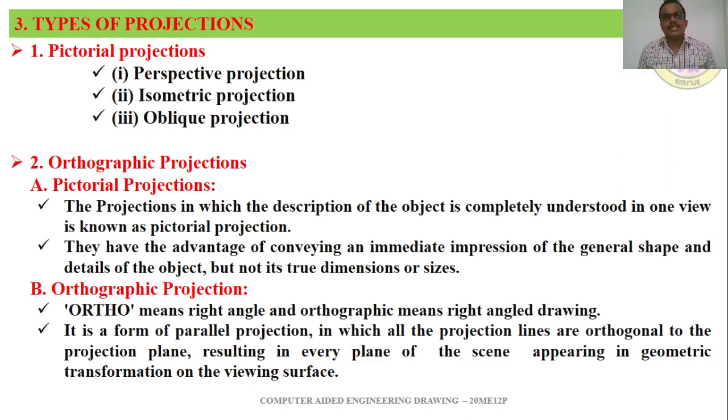Generally we take one view, and that single view gives a clear picture of the object. They have the advantage of conveying an immediate impression of the general shape and details of the object, but not its true dimensions or sizes.